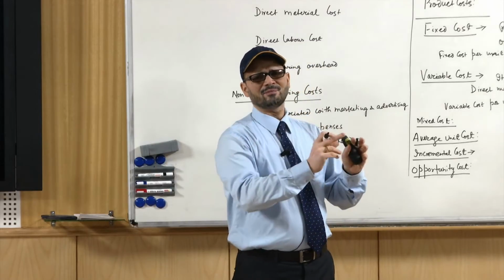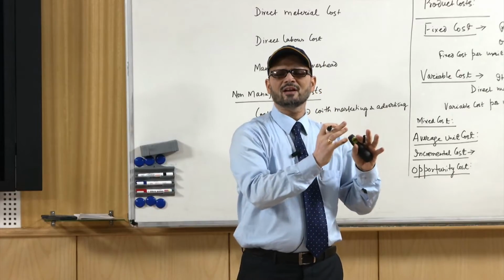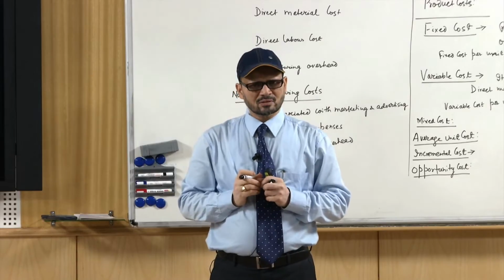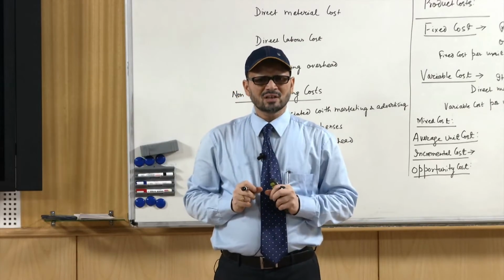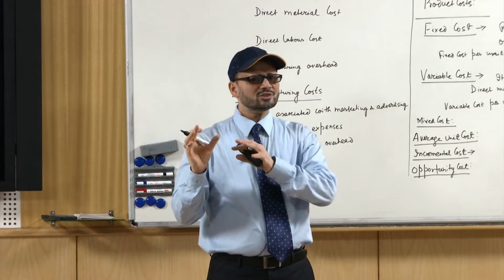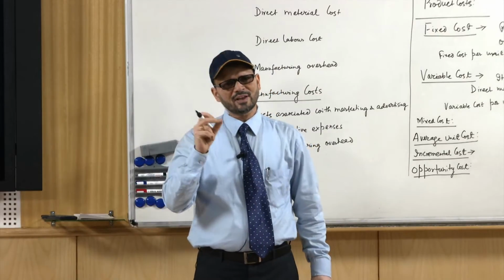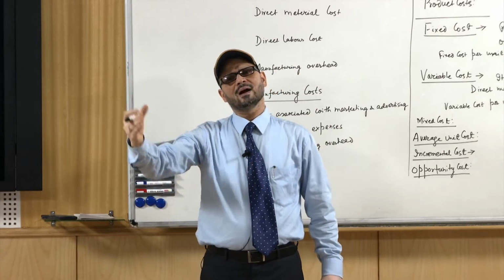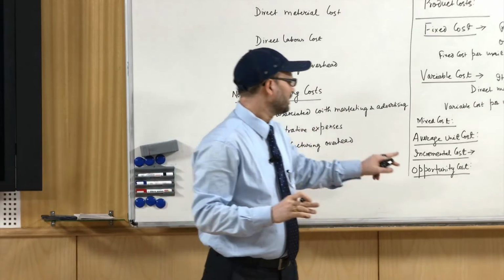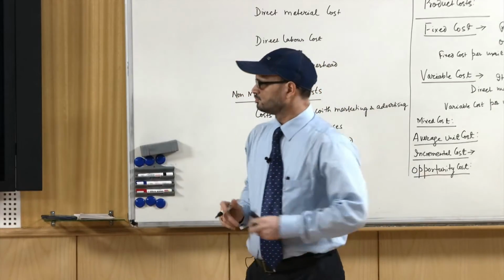If the employer tells you to go, you will be losing rupees 500 for the week you want to go during the vacation. So, this type of cost is known as opportunity cost, because you are losing this opportunity to earn rupees 500 for a week and you are going to another destination. These types of costs come under the opportunity cost.